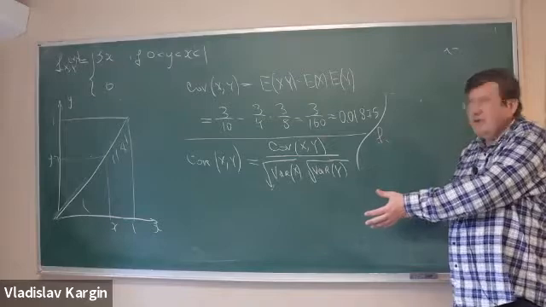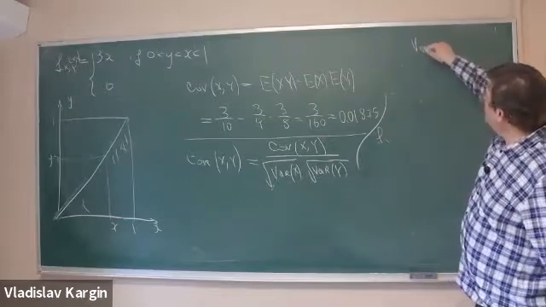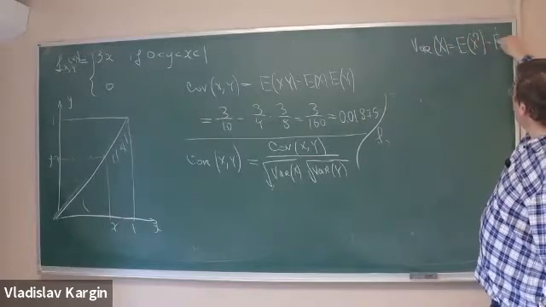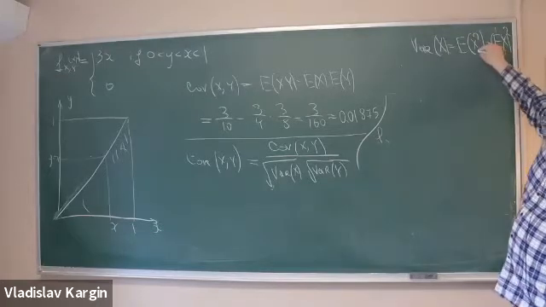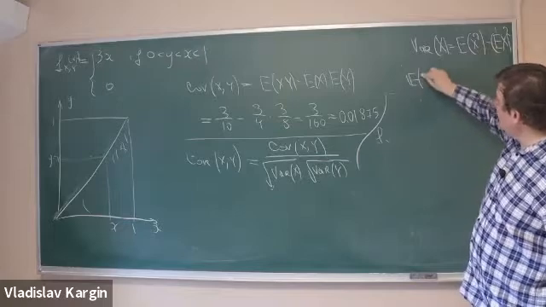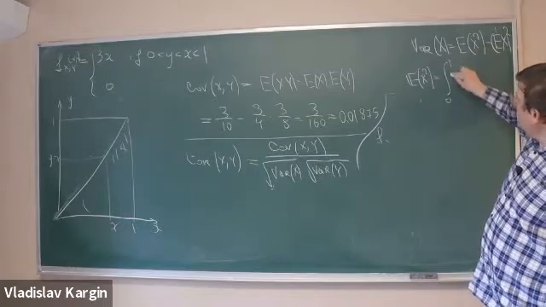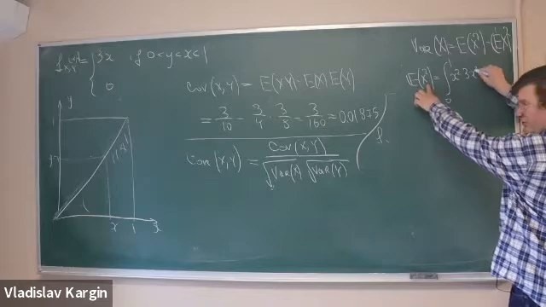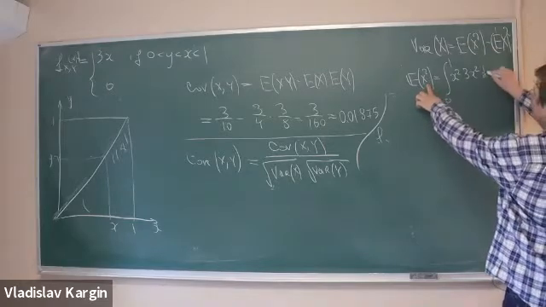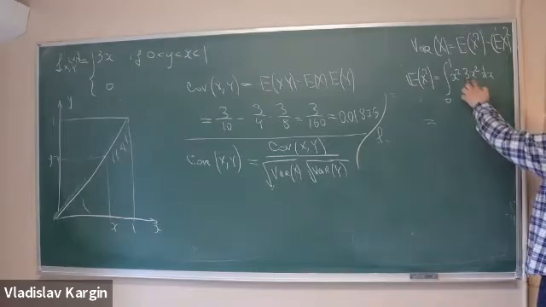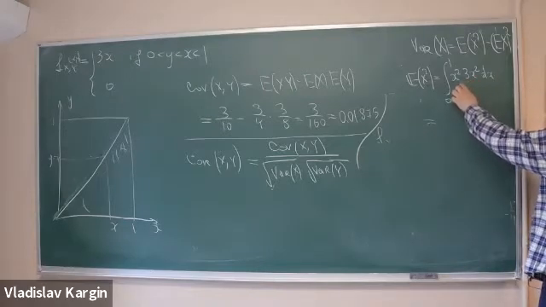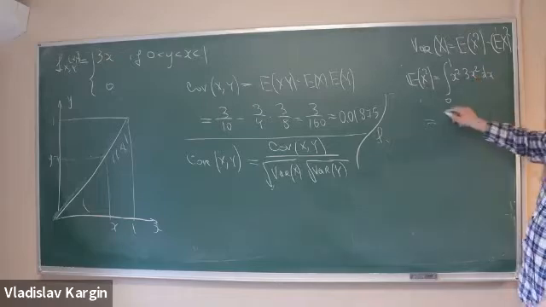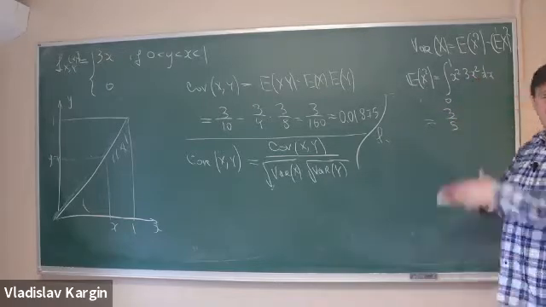For example, if you calculate the variance of X, you would need to write expectation of X squared minus the square of the expectation of X. You already know the latter. You need to calculate the expectation of X squared, which is the integral from 0 to 1 of x squared times the density, so 3x squared, dx. The antiderivative is x to the 5 divided by 5, so it will be equal to 3/5.